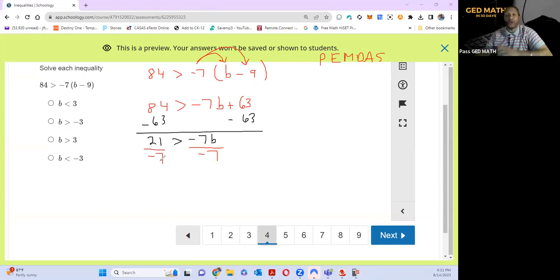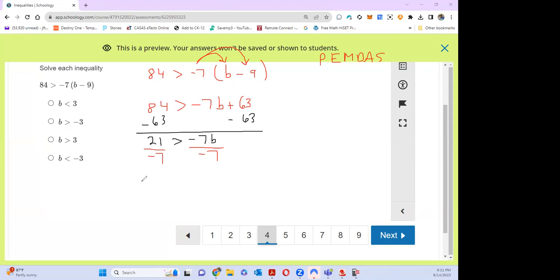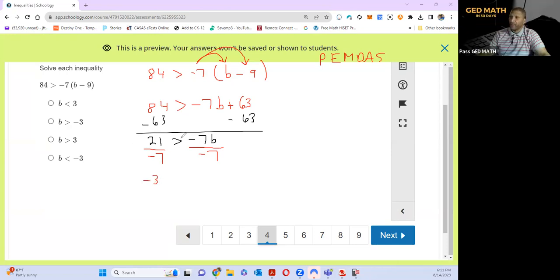But when you are solving an inequality, when you're trying to isolate the variable, if you multiply or divide by a negative, you must switch the inequality. So 21 divided by minus 7 is what? Minus 3. Now, because we divided by minus 7, this inequality must switch.